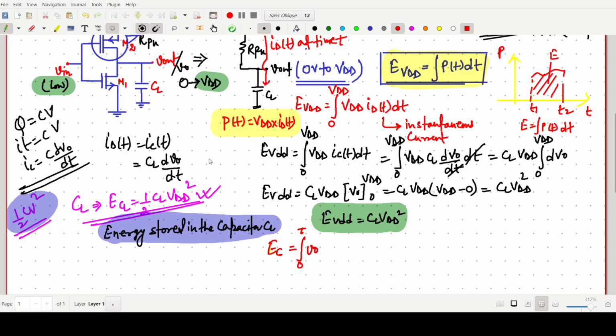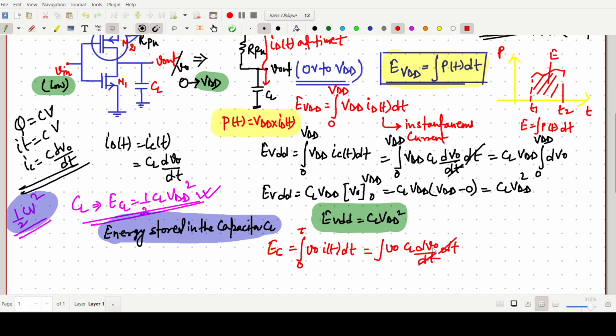At that time the voltage will be, say, V0. So V0 into i(t) dt, the power. We can write E equals integral 0 to t of V0 i(t) dt. V0 is the variable. Now this V0 i(t) is simply CL dV0/dt into dt. The dt and dt cancel.